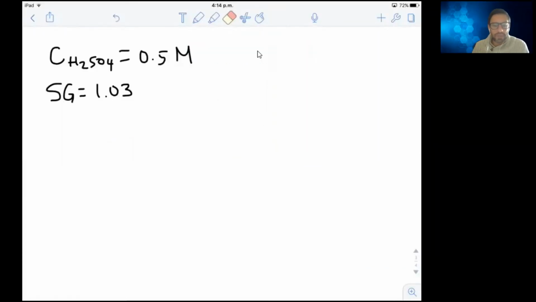Let's suppose that you have a molar concentration in a solution of sulfuric acid, H2SO4, 0.5 molar. And molar means molarity, but this is also a molar concentration. And this molar concentration is also stated to be 0.5 mole per liter of solution, okay?